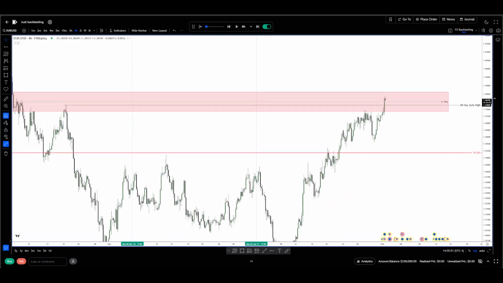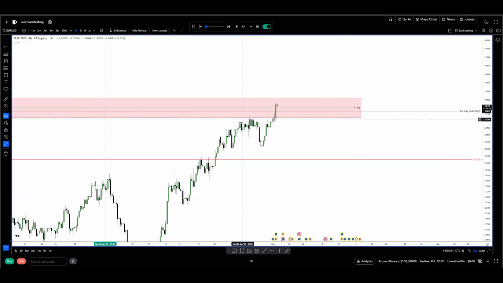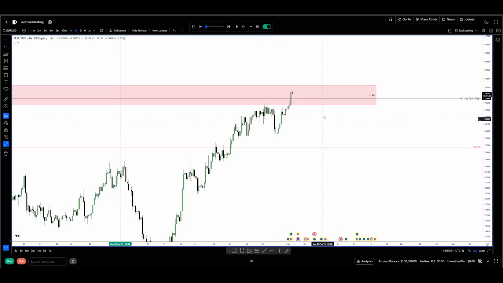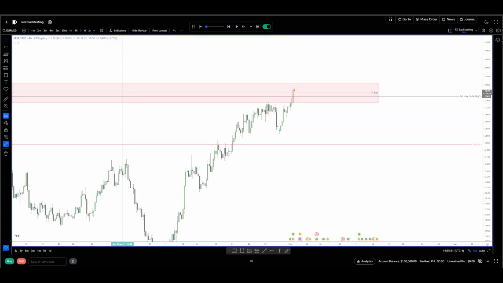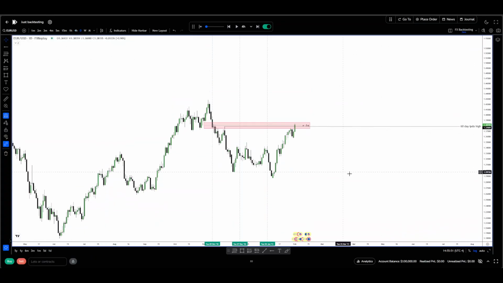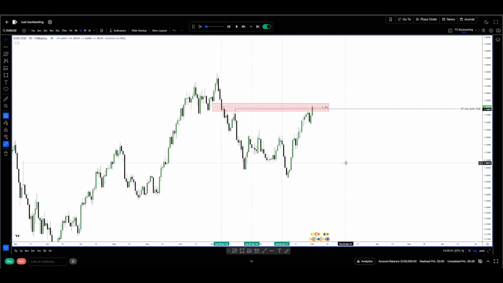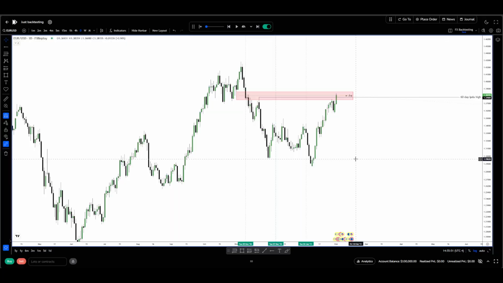Let's see how the 4 hour is looking. This could be accumulation, manipulation, again manipulation, and then get a reversal. What we can also do is look at the quarterly shifts. So the 1st of January is here.